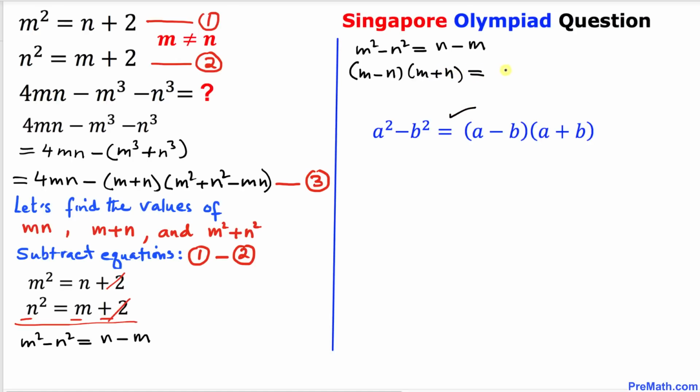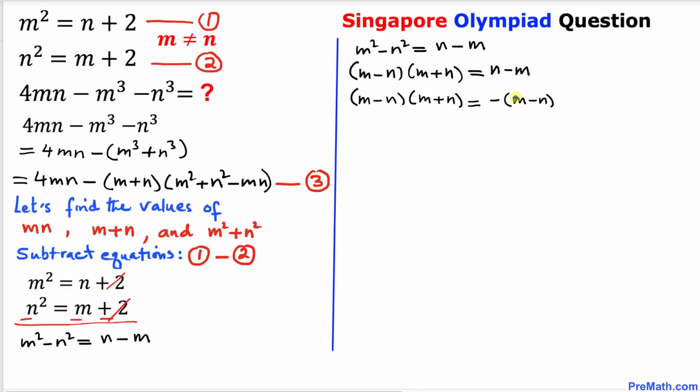On the right hand side we keep it the same, n − m. In the next step, on the right hand side, I brought this negative sign outside, so in the parentheses this could be written as m − n, and the left hand side is the same. Now let's move this negative (m − n) to the left hand side. Then we have (m − n)(m + n) plus (m − n) equal to 0.